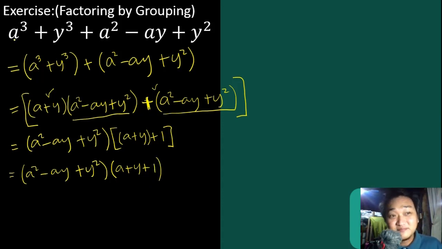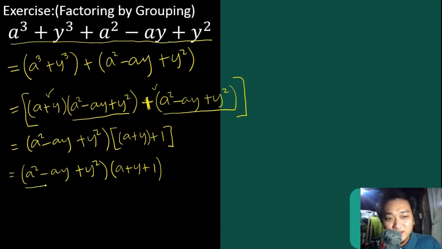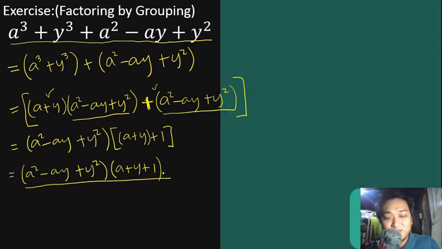So, the factor of a cubed plus y cubed plus a squared minus ay plus y squared is equivalent to the trinomial a squared minus ay plus y squared times the trinomial a plus y plus 1.